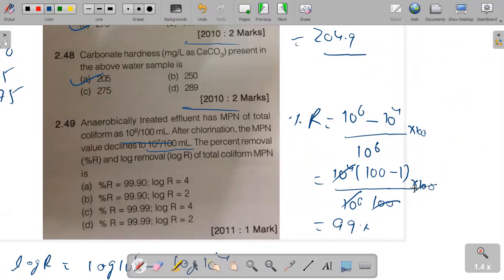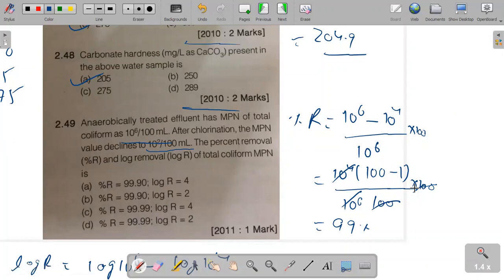100 minus 1, which is 99, and here at the bottom we have 10 to power 6, and 100 minus 1 is 99, 100 cancelled. Everything is correct here, and we need to find log R as log 10 to power 6 minus log 10 to power 4. So 6 minus 4 is equal to 2.